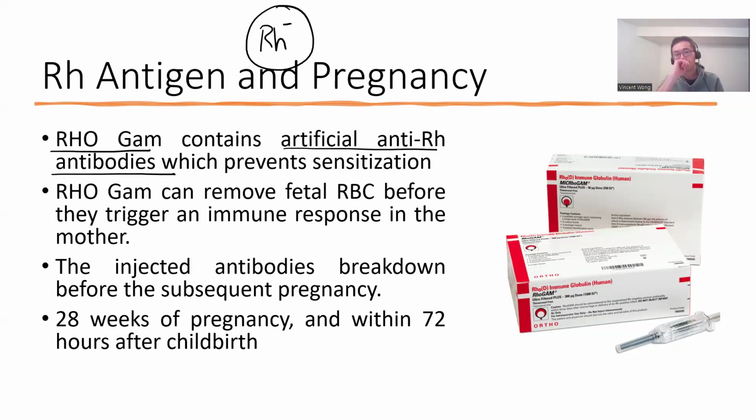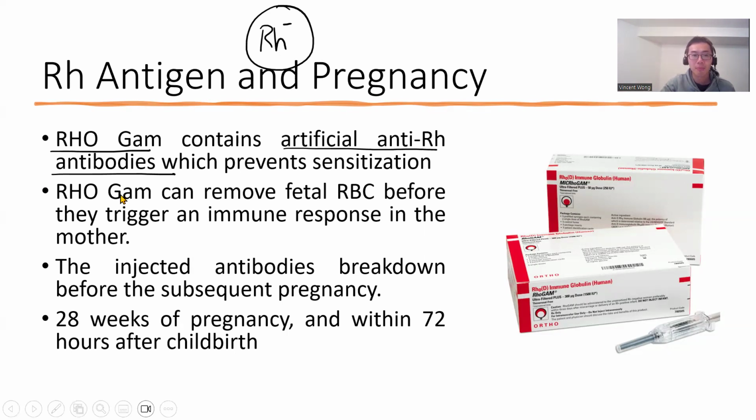Will the RhoGAM protect all the babies after the first child, maybe the second, third? If you get the RhoGAM for the first pregnancy and then you get pregnant again, you will have to get the RhoGAM again. It's not a lifetime protection. The artificial antibodies are different from the ones you make yourself. The ones you make, you get to keep forever for the rest of your life.